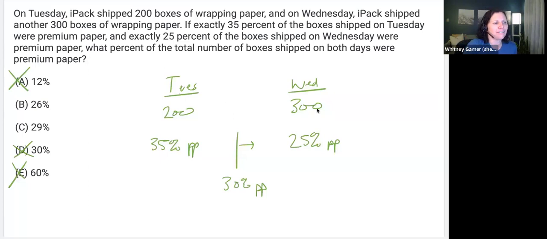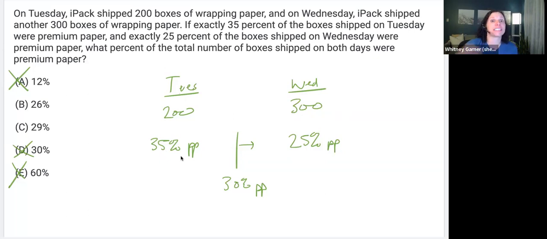Well, I've got like 50% more. So it's more, but it's not a crazy number more. So it shouldn't be that it drags me all the way down to 26%, because that looks almost exactly like Wednesday. It's 1 percentage point away from Wednesday, but it's 9 percentage points away from Tuesday.